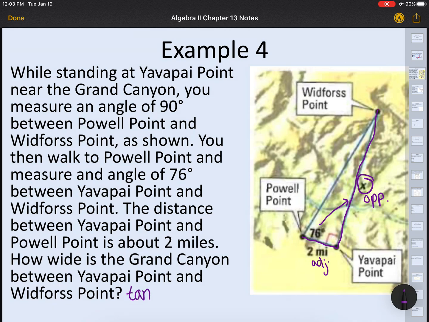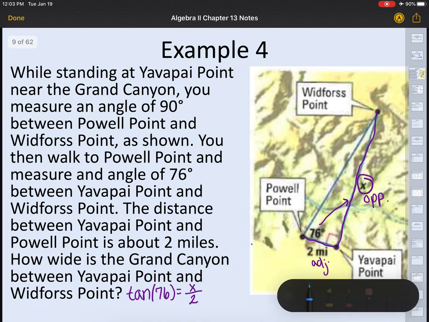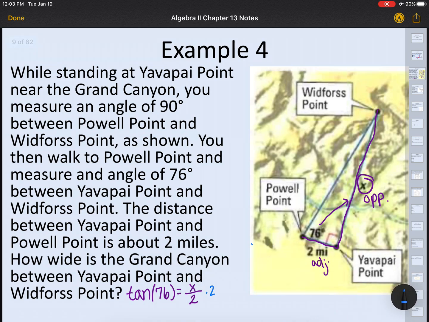So we're going to use the tangent of 76 degrees, and it's going to be opposite, or x, over our adjacent, which is 2. And we talked about earlier, to get rid of that 2 really quick is to multiply it on both sides. So 2 times the tangent of 76 degrees.